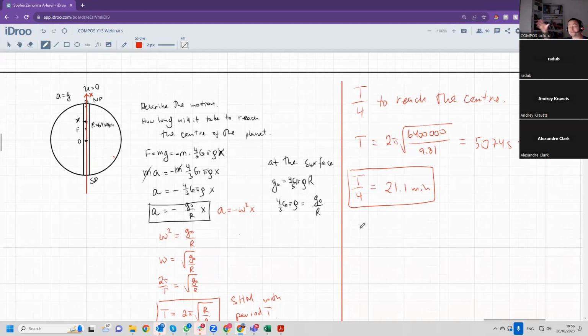This is assuming, of course, there's no air resistance, because if you calculate the maximum velocity using v max is the amplitude multiplied by omega, it will turn out to be quite large.